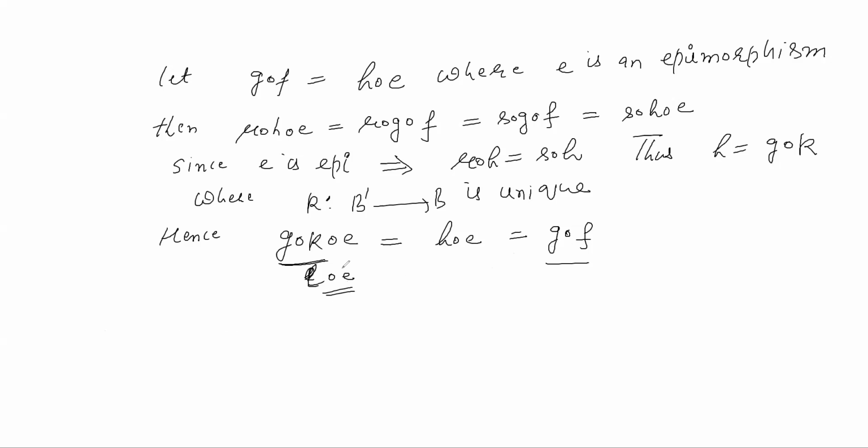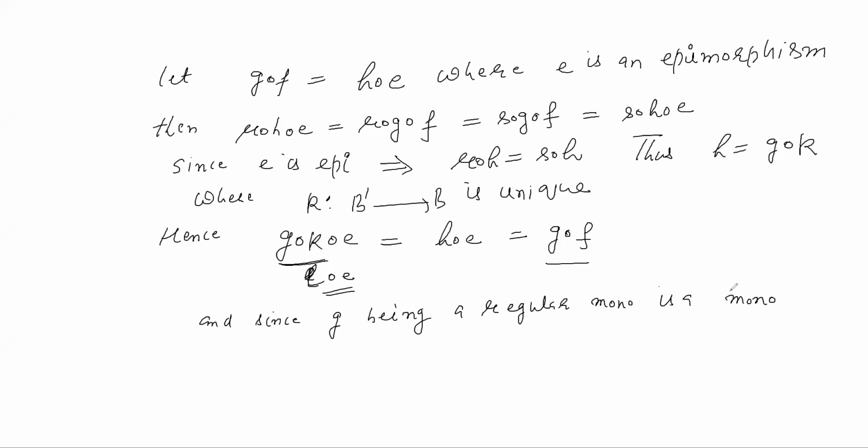So you have G composition K composition E, which is equal to G composition F, and since G being a regular monomorphism is a monomorphism, so what does it mean?